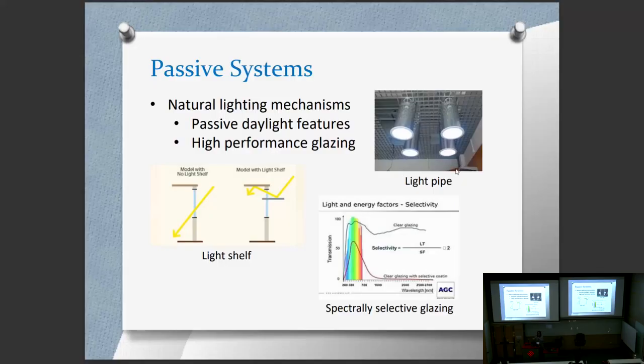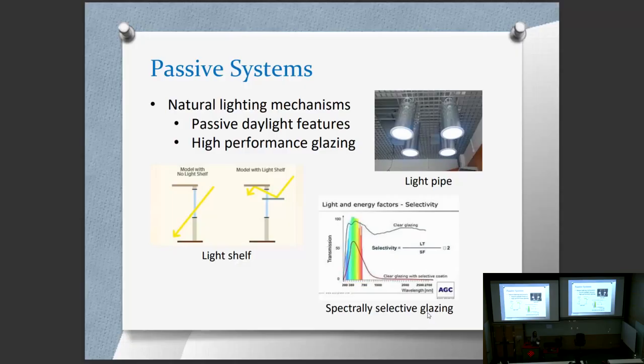Okay, and we also have light shelf, which is a reflective surface allowing the daylight to enter deeper parts of the building. And high performance glazing. So high performance glazing includes the low E glass and also spectrally selective glazing. So this kind of glazing will block the unwanted infrared but allow the visible light to enter.